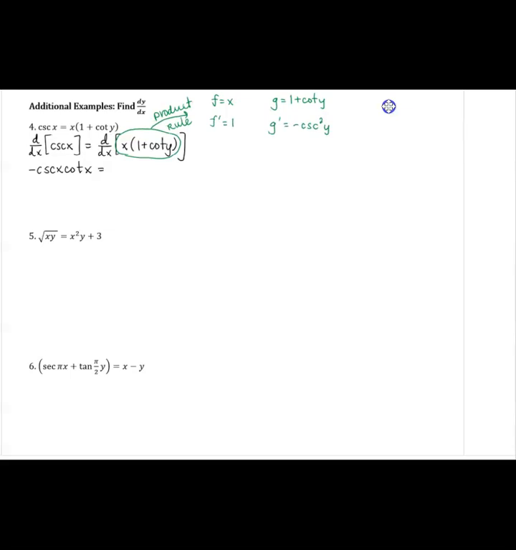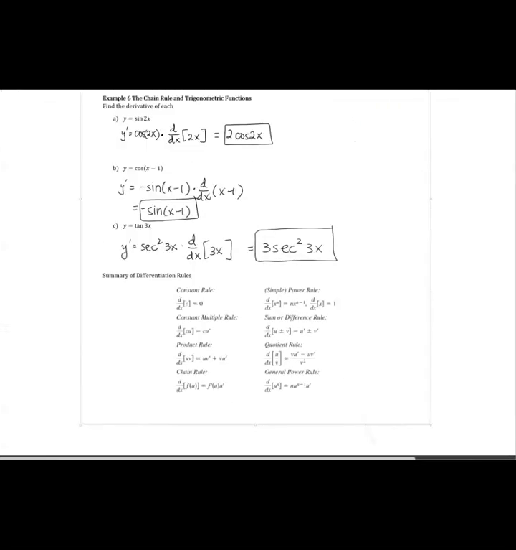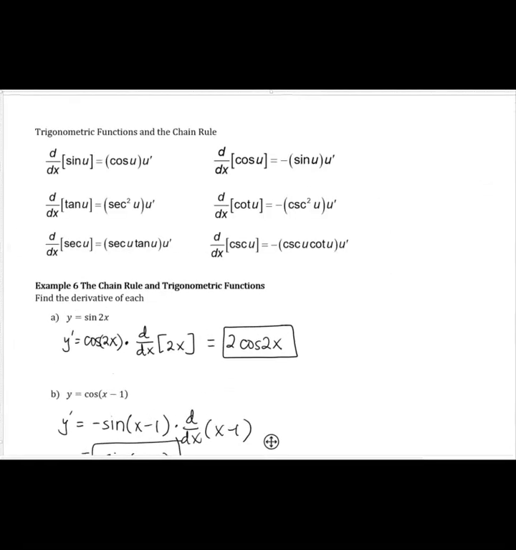But because there's a y on the inside, chain rule tells us that we are going to pick up a dy dx because it was not just x on the inside. So when you're taking this derivative here of this cotangent y, how we get this is that, remember in 2.4 from the chain rule, we had a rule that told us how to take the derivative of these trig functions if they're composed with other functions.